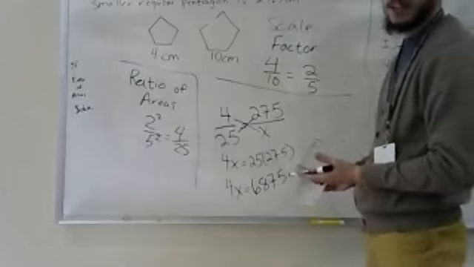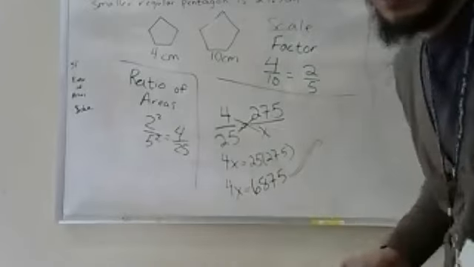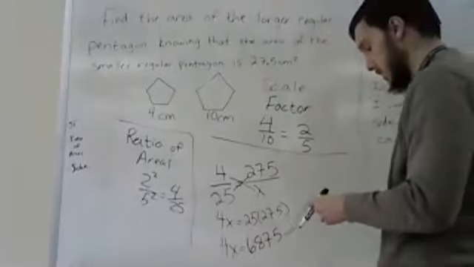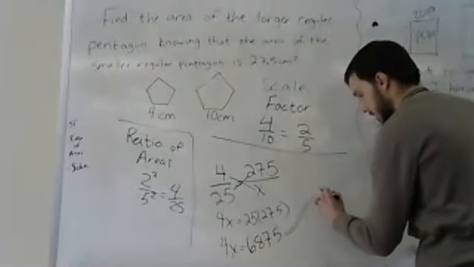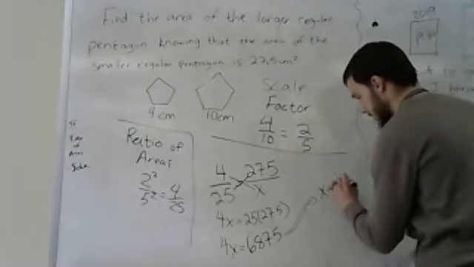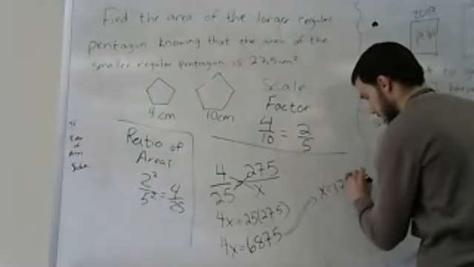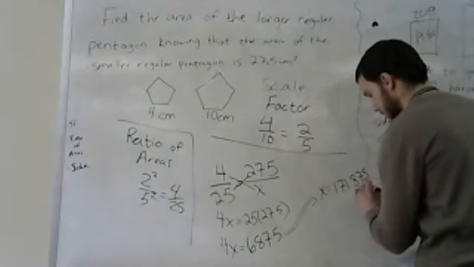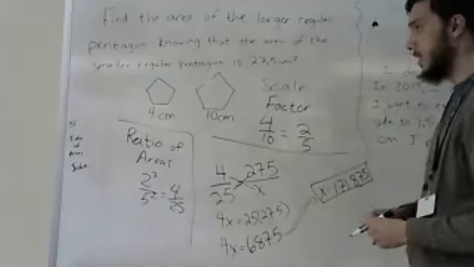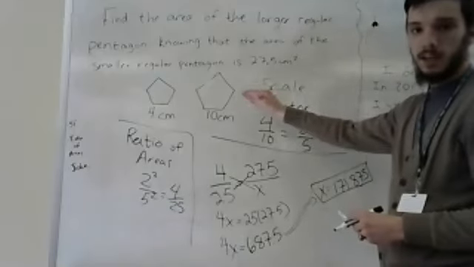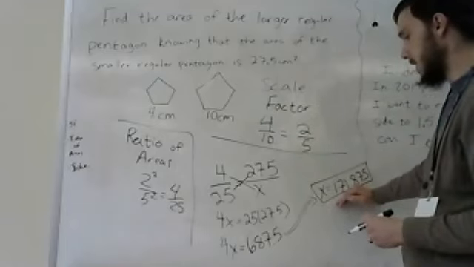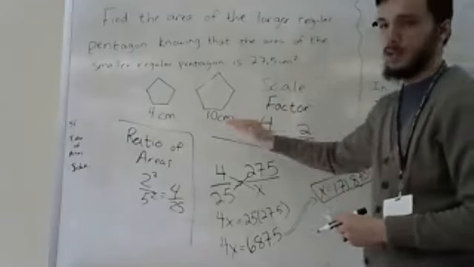And dividing both sides by 4, we get that x is equal to 171.875. Okay. So the area of our larger pentagon here is 171.875 centimeters squared.